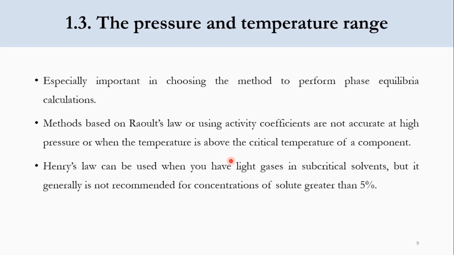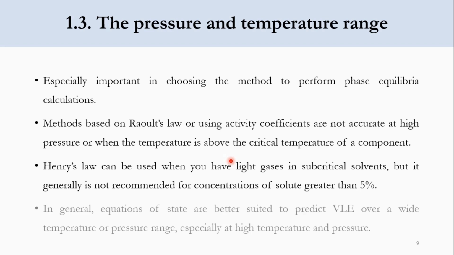So when you are doing simulations, you need to keep these rules of thumb in mind when selecting a certain property package for the system. In general, equations of state, or EOS, are better suited to predict VLE over a wide range of temperature and pressure, especially at high temperature and pressure.